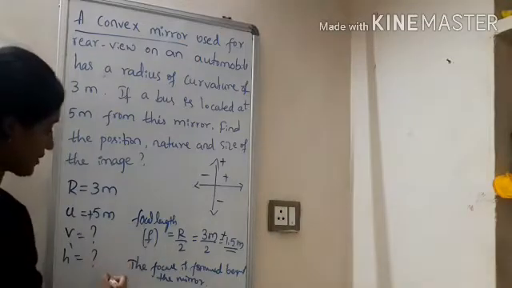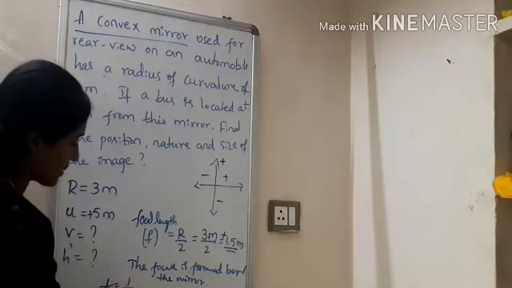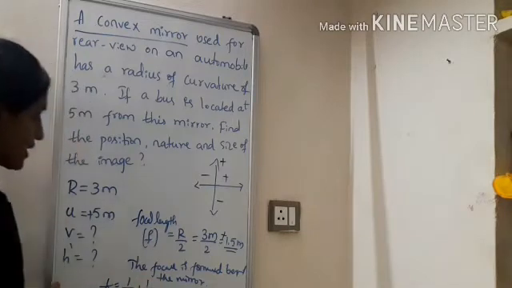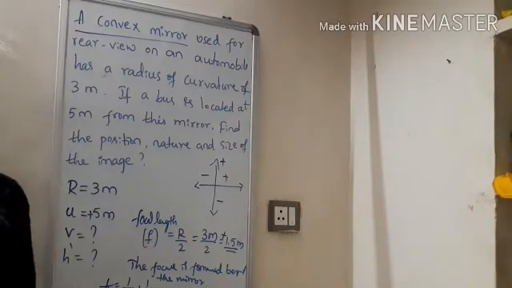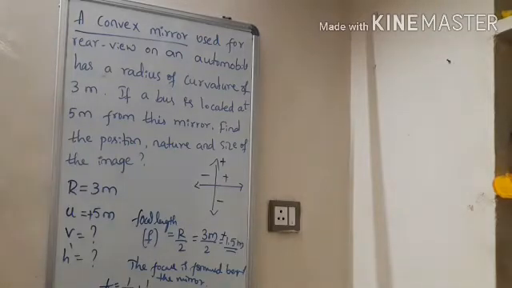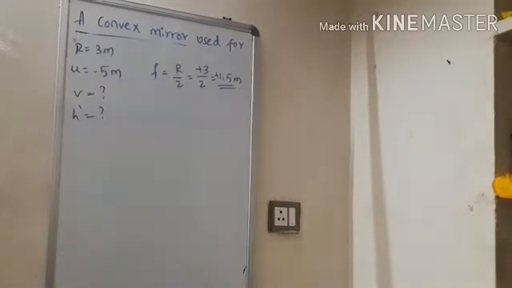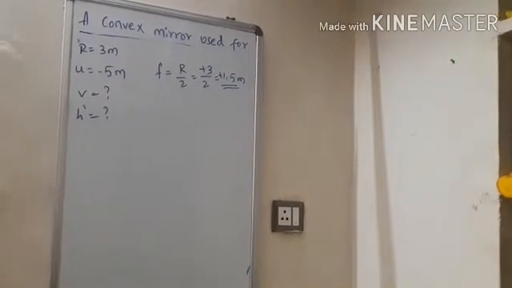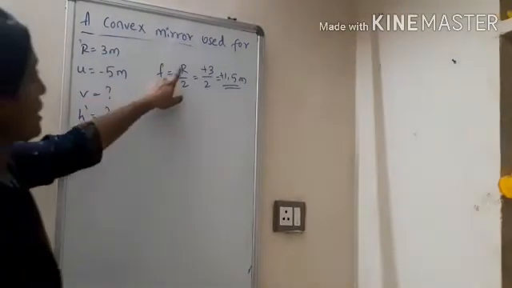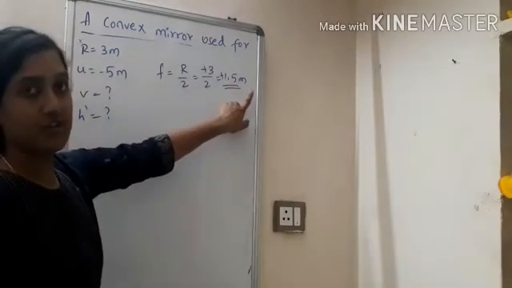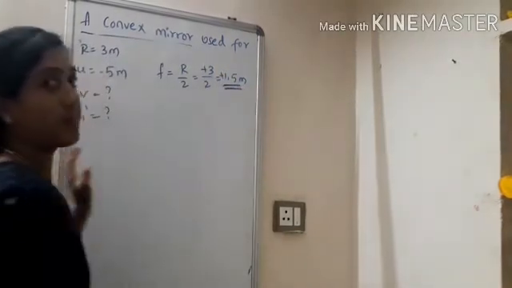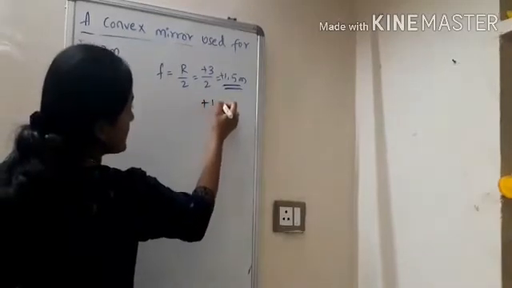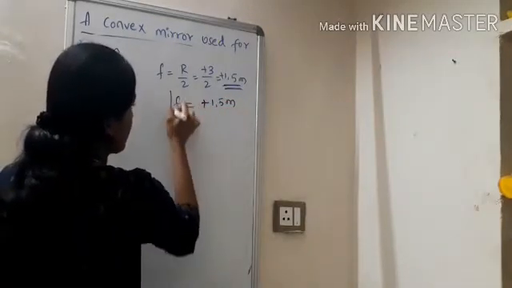Now I will take the mirror formula 1 by f is equal to 1 by u plus 1 by v. Substitute the object distance and the focal length, then you have to find the image distance. So look here, f is equal to r by 2, we got plus 1.5 meter, the focus is formed behind the mirror, so I am taking plus 1.5 as the focal length.